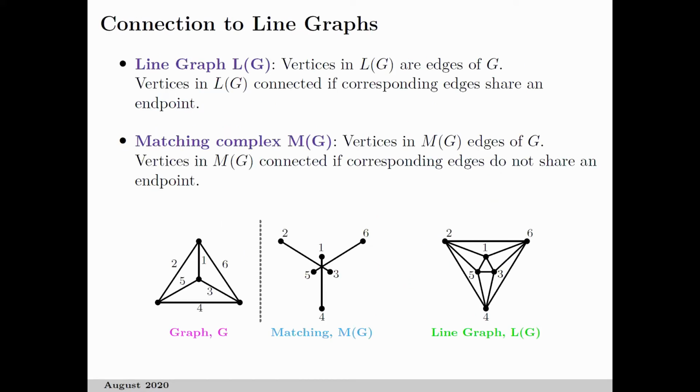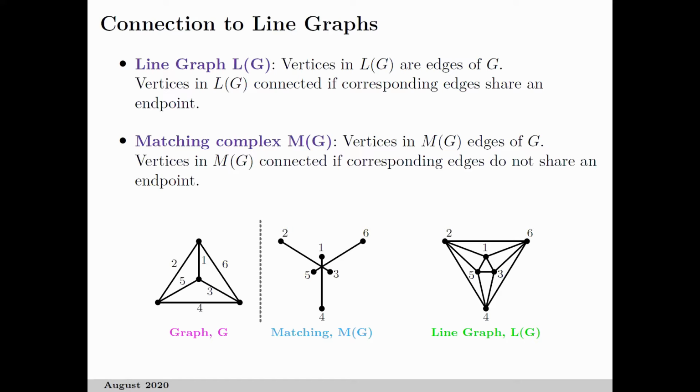There is a close connection between matching complexes and line graphs. In a line graph, vertices representing edges are connected if and only if the edges share an endpoint. In the matching complex, these vertices are connected if and only if the corresponding edges do not share an endpoint.